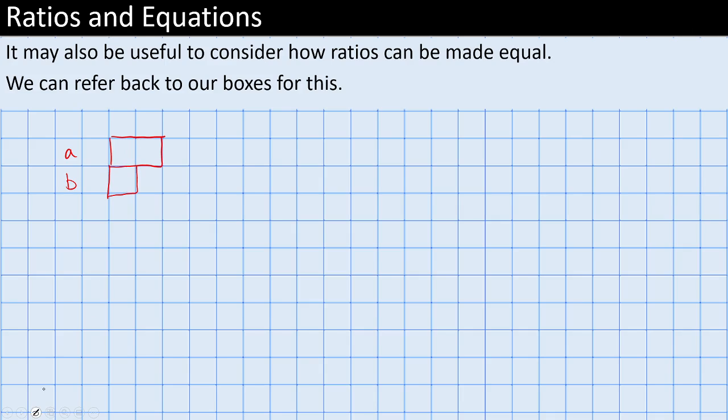So if I halved it and went, there we go, I'm going to chop it off in there and discard it, I would have the same number of boxes, so then I could say that the A's will equal the B's. Okay, and that's why we divide it by 2.